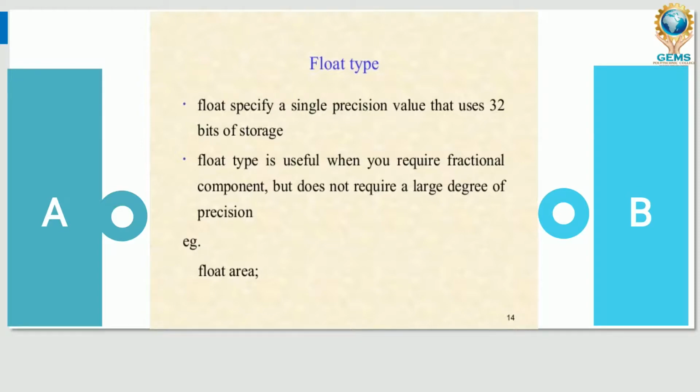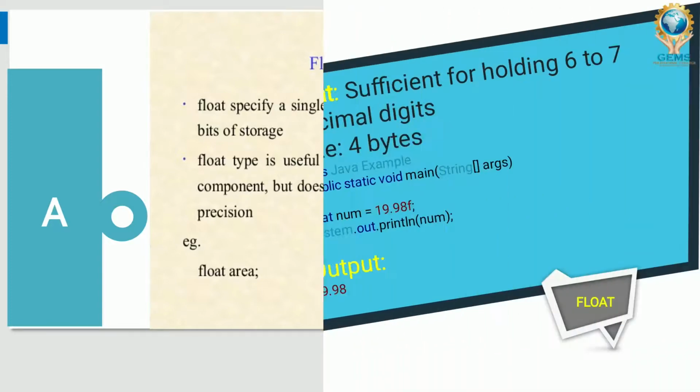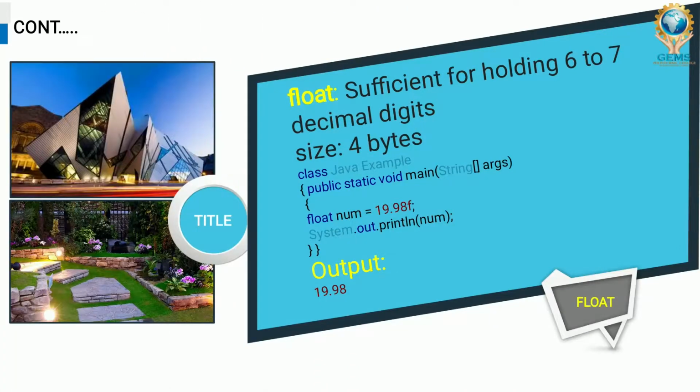For example, float area, float B, float C, float D, float circle, like that we declare the variables. It is sufficient for holding 6 to 7 decimal digits. So if you want to store 6 to 7 decimal digits, we will use the float.